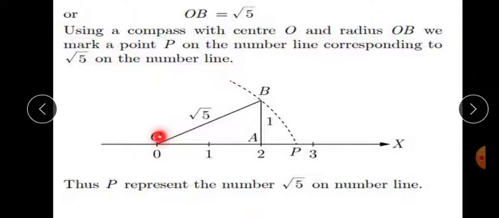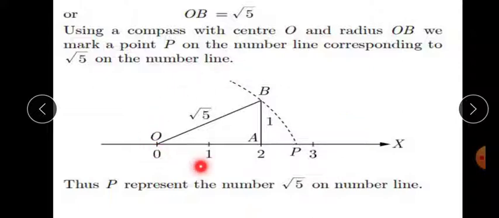We put the compass here, take this radius OB and draw an arc. An arc means part of a circle. We draw it in such a manner that this arc cuts the number line at this point P. Now this value of P will be root 5.